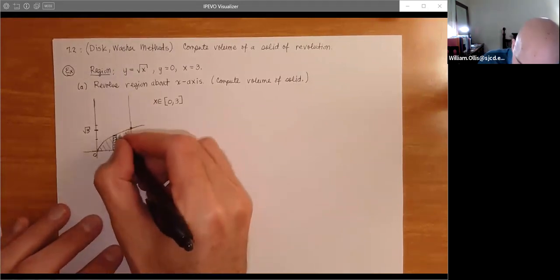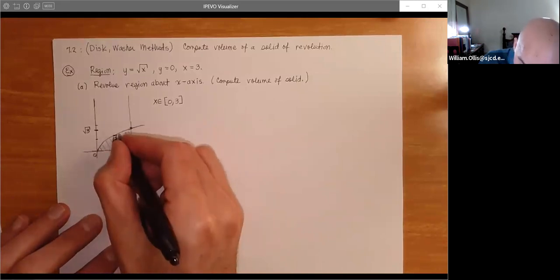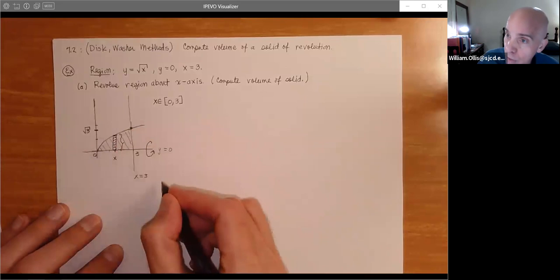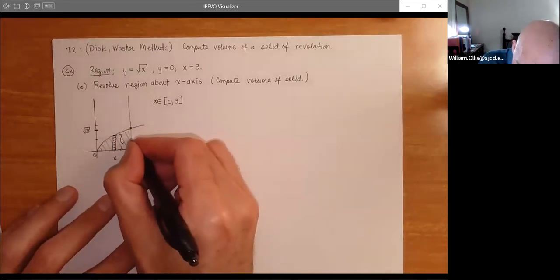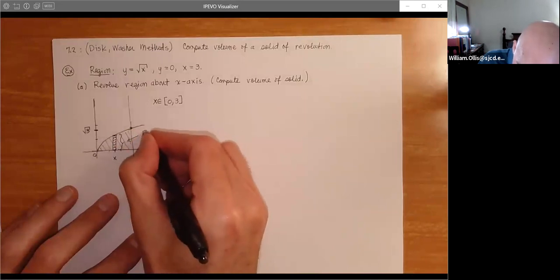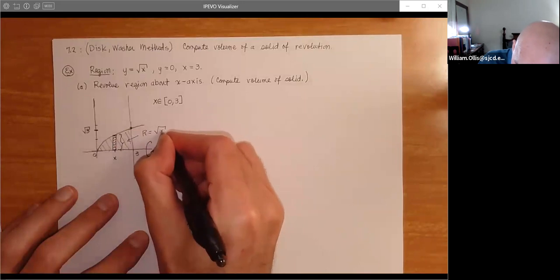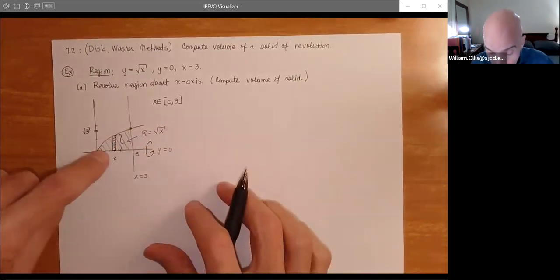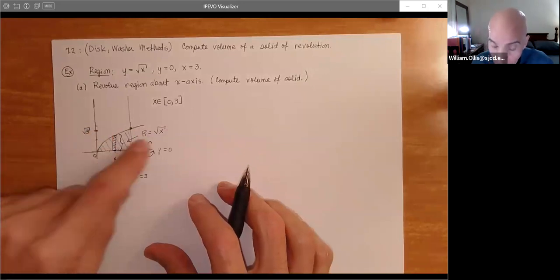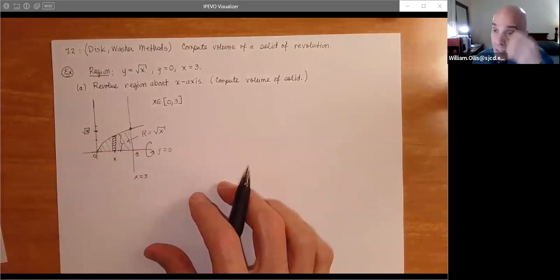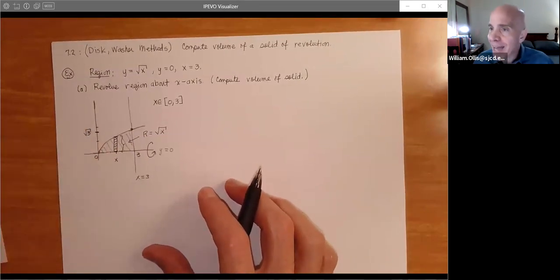So basically, all we need to do when the region abuts the axis of revolution is look for our radius function. And when we just have one, we call it R. So we're just going to say this is R equals the square root of X. So the distance here from the axis to the curve is just given by the function square root X. And of course, the algebra tells you how to actually define that dimension.